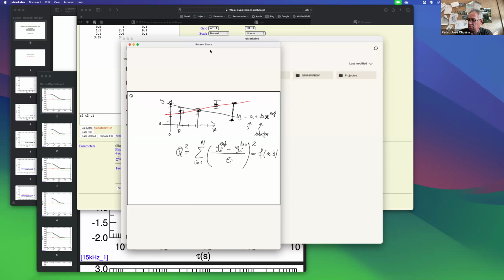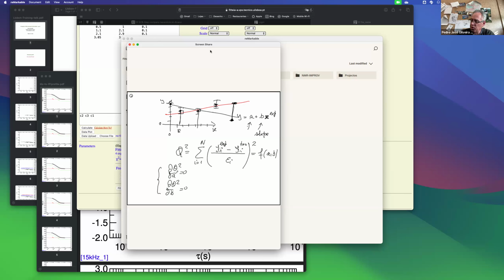And well, I told you we have to minimize the chi-square. So basically, we have to be able to find a way to minimize a function. So if you go back to Math 101, you will find out that the first condition you need to fulfill is that you have to make a partial derivative, which I will not bother or even try to explain to you, but basically you have to solve two equations.